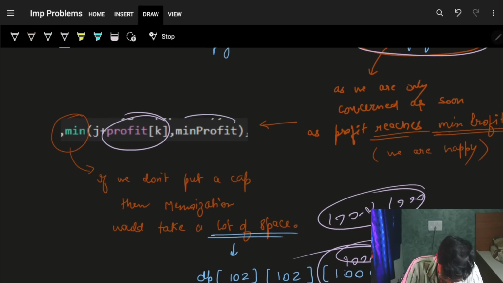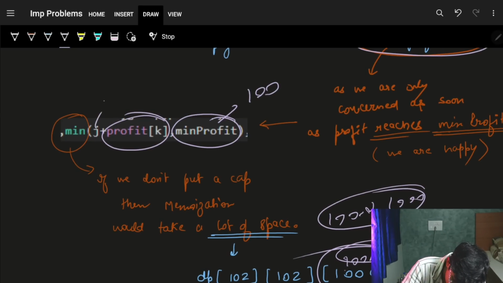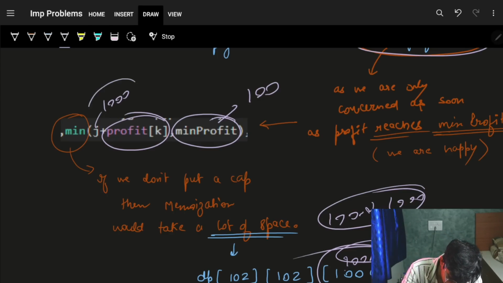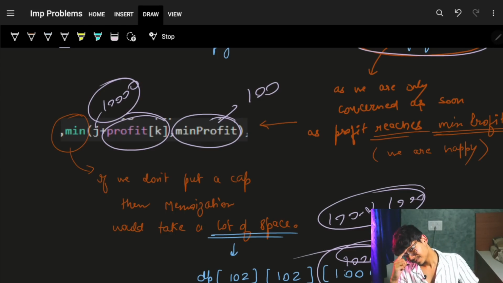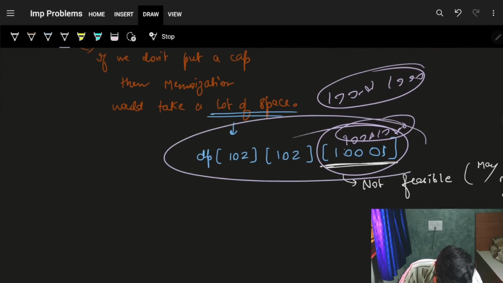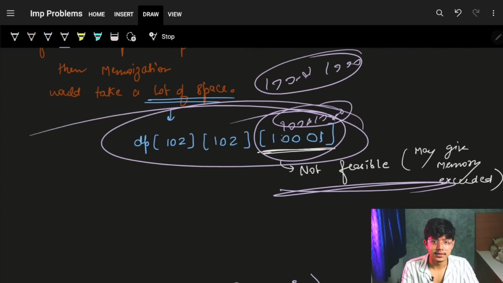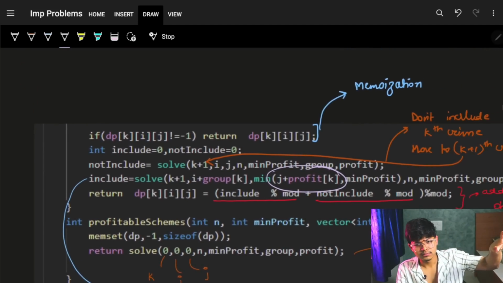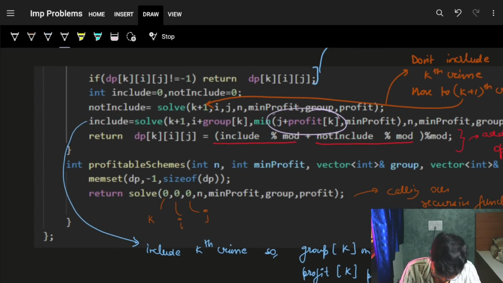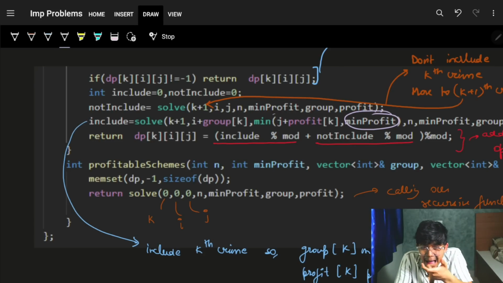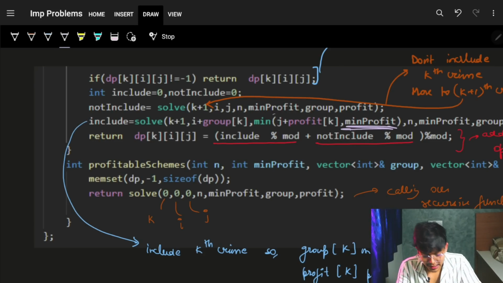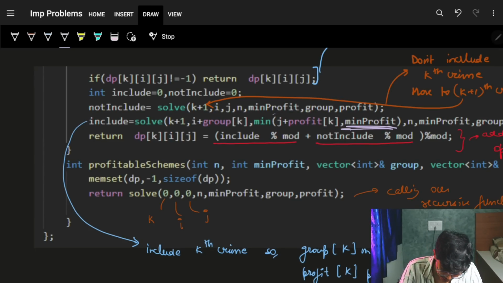So if you have not put the cap of this 100, it will just add and can go up to 1000. That's the reason you have to put a cap, because otherwise the space will be so much that it won't be feasible. If the values were lesser, you could have skipped it, but it's good that you put a cap of this minimum profit, because that is what you wanted, and otherwise the space will go a bit large.